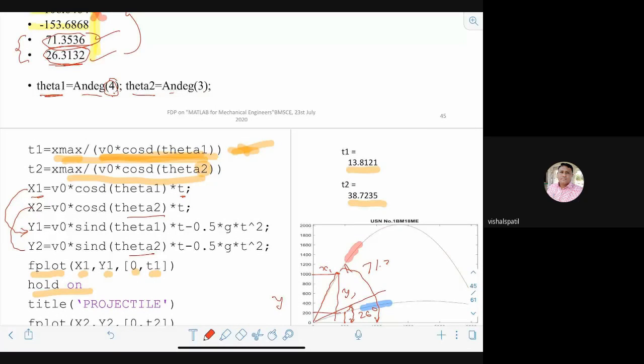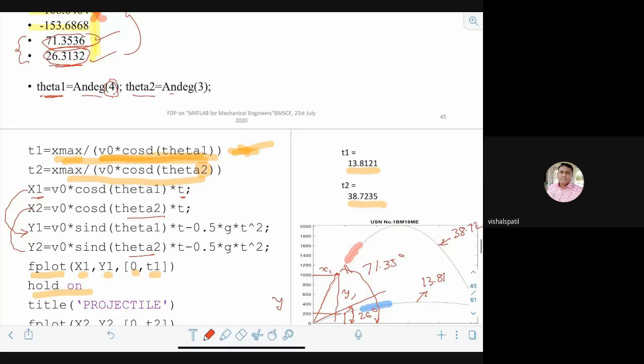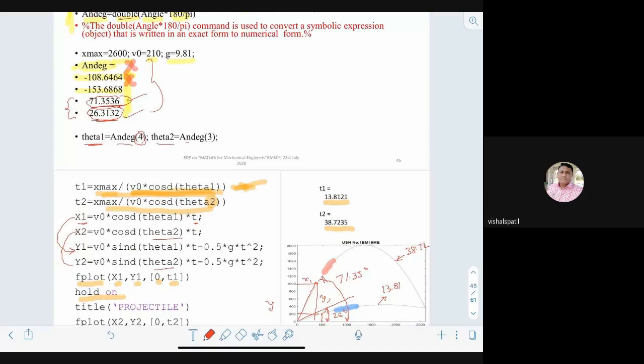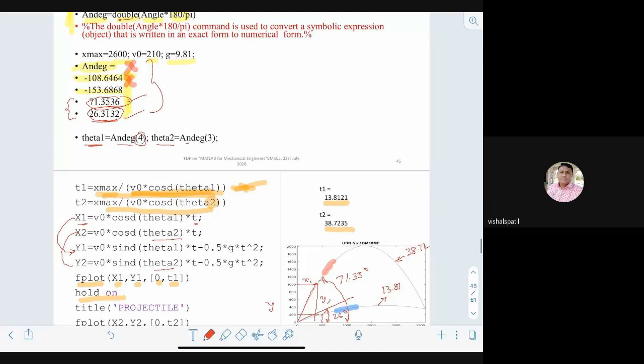This takes a time of only 13.81 seconds, whereas this one will take 38.72 seconds. So that way, you can look at these symbolic expressions for application of symbolic expressions in solving these problems of projectile. Of course, you have direct problems also on projectile, which you can look into without solving this equation. Directly, the values are known at different times, and you can just plot the path of the projectile.